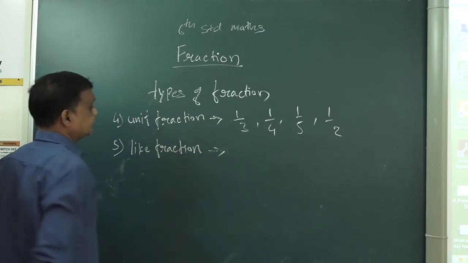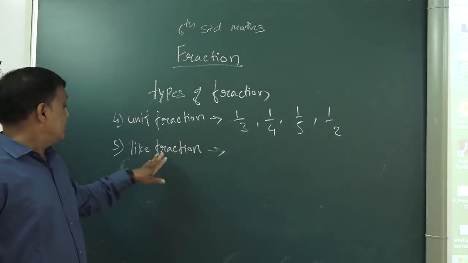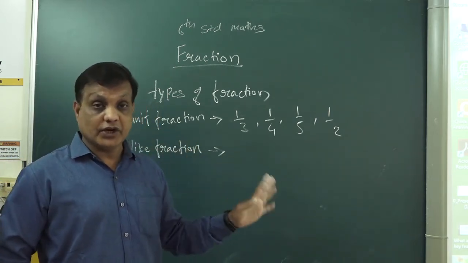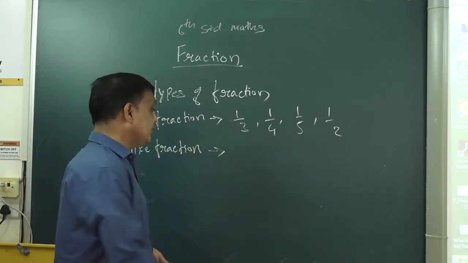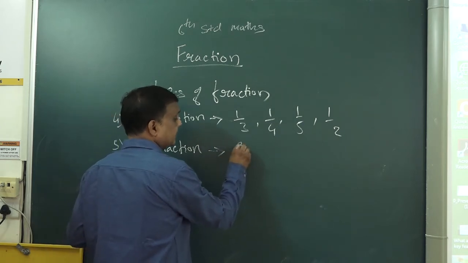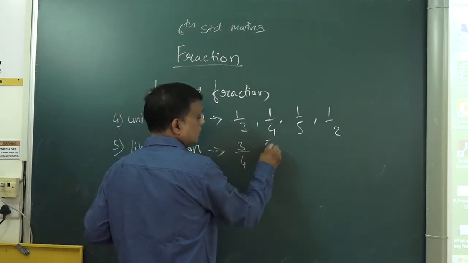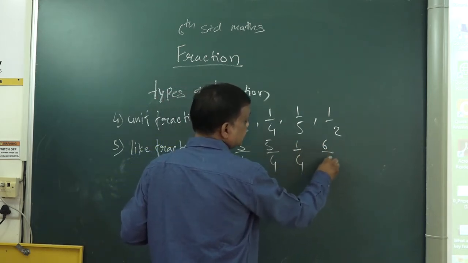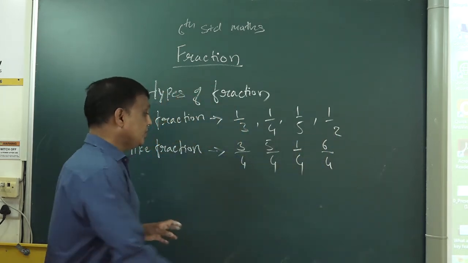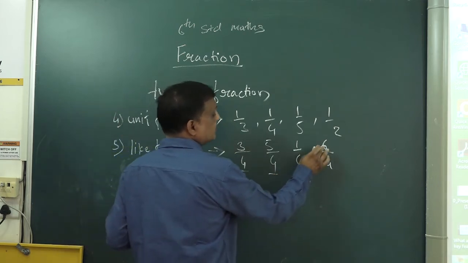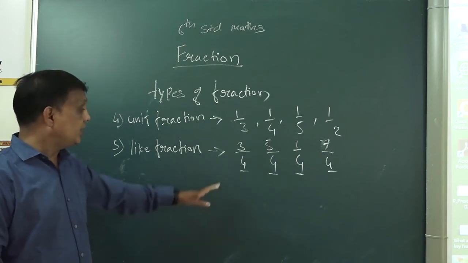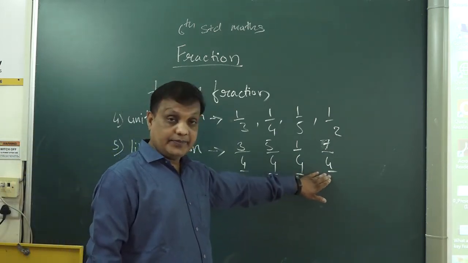Next one we will see is like fraction. For like fractions, we require a minimum of 2 fractions. We cannot say it with one single fraction. Like here I have given 3 upon 4, 5 upon 4, 1 upon 4 and 6 upon 4. If you see, the denominators are the same.